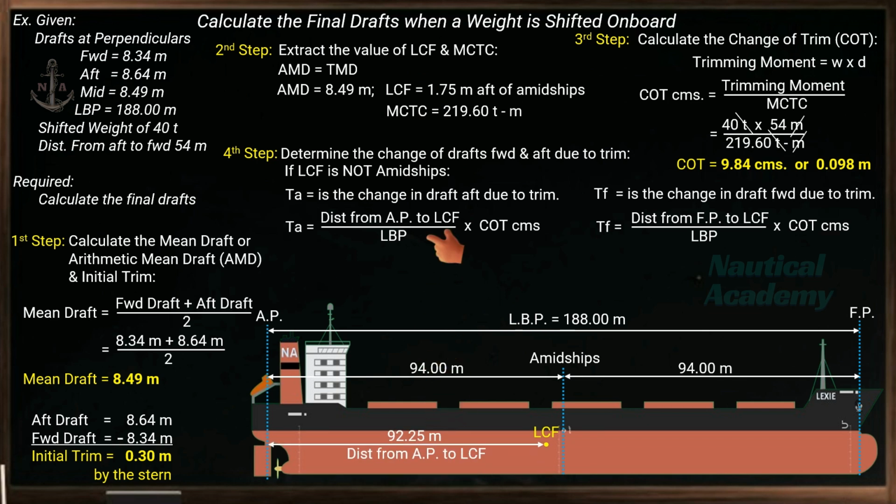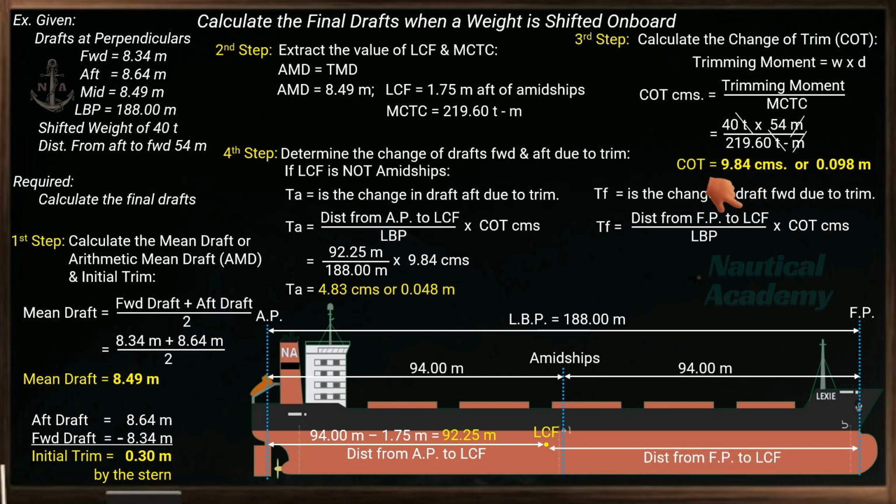You can calculate it by subtracting the LCF from the distance of after perpendicular to midships. So the change in draft aft due to trim is 4.83 centimeters, or 0.048 meter. 9.84 is the change of trim in centimeters.